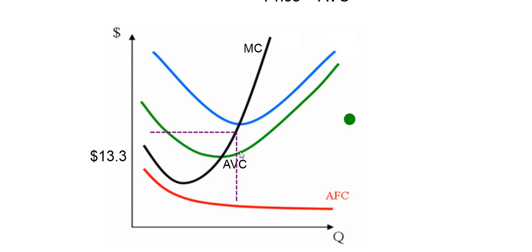And their price is going to be over their average variable cost, so they're going to operate in the short run. If the price is here, and that is the point where marginal cost equals average total cost, then they're going to make zero economic profit.